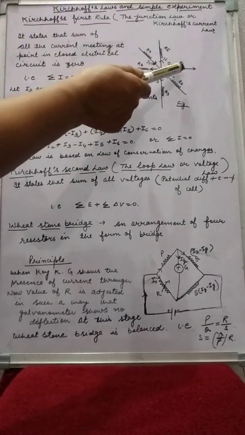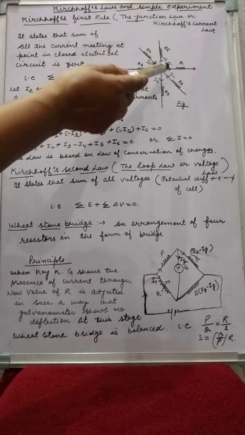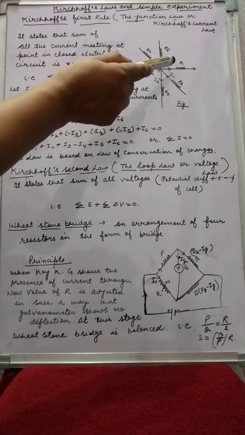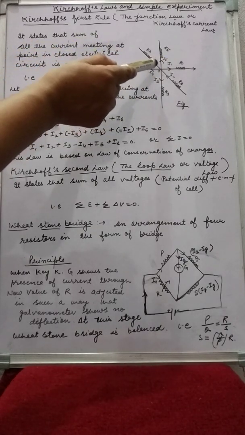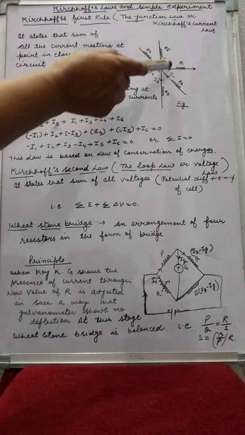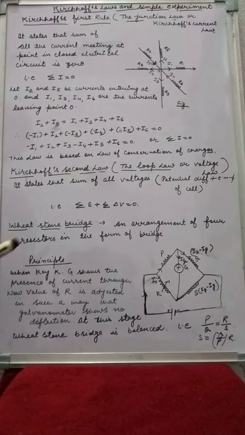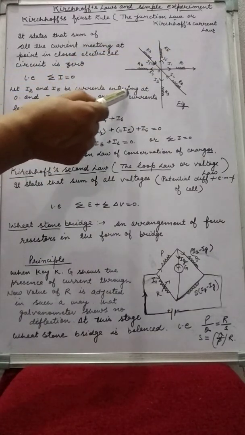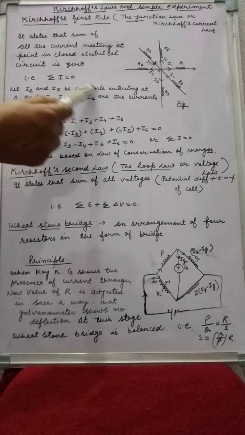And the currents leaving the system, in this case I1, I3, I4, I6, are taken as negative. These are the leaving values of the currents.